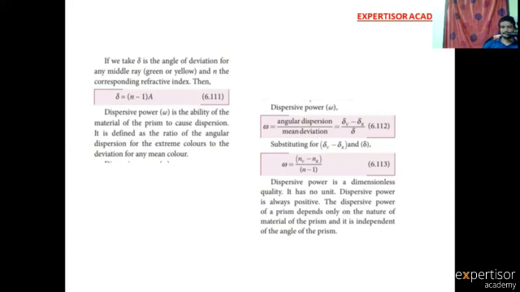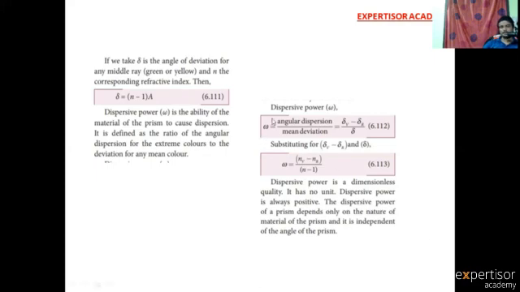Extreme means the edges, starting or ending, and mean color means in between the extreme colors.